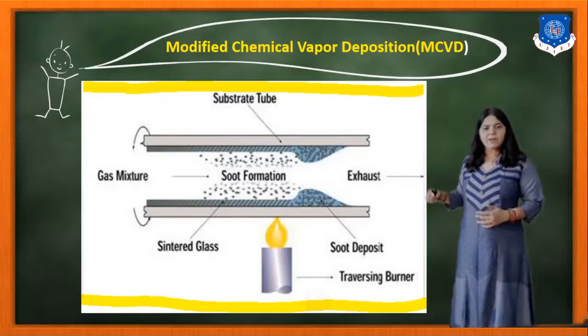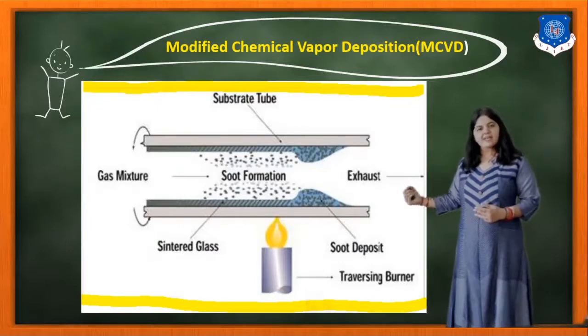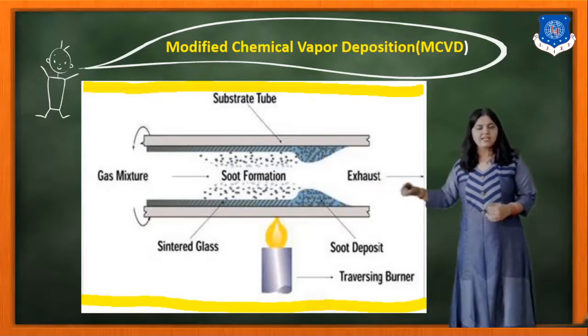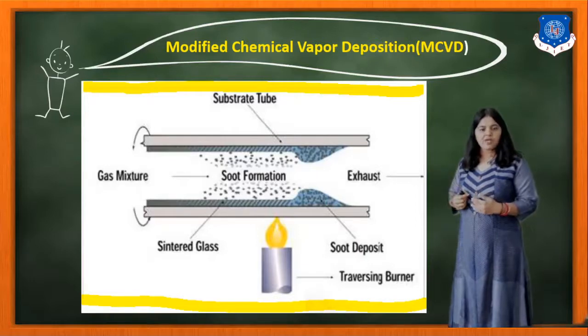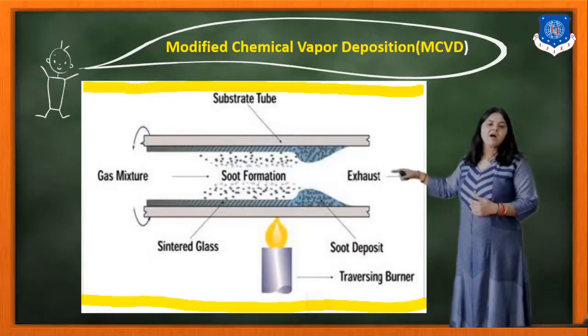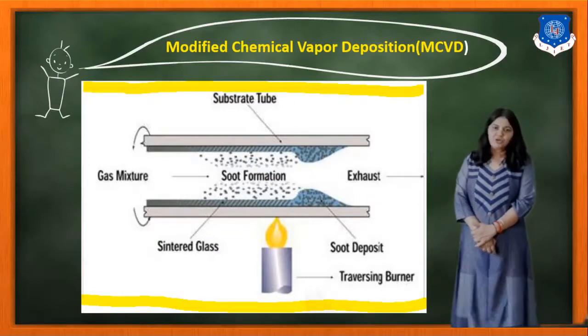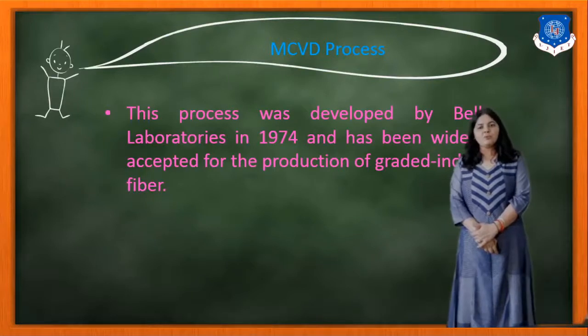While the temperature increases to a high temperature, the soot is deposited inside the substrate tube. And you can see how the layer is formed inside the tube. So we will study what is to be there.